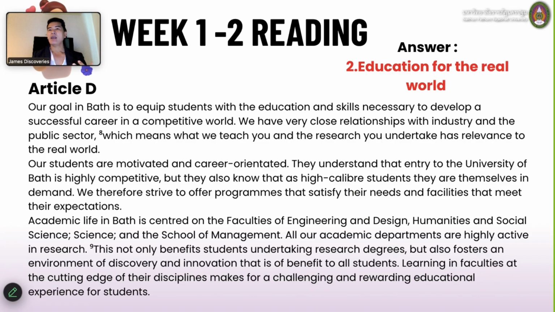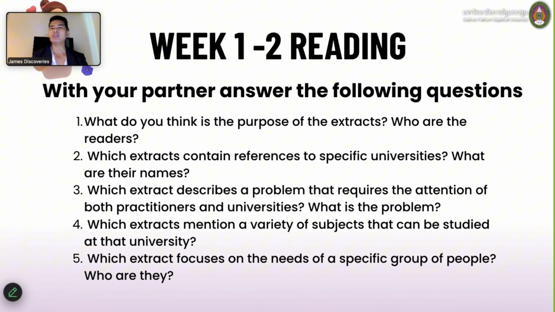I know that you are done reading the articles. With your partner, I want you to answer these questions. What do you think is the purpose of the extracts? Who are the readers? Which extracts contain references to specific universities? What are their names?